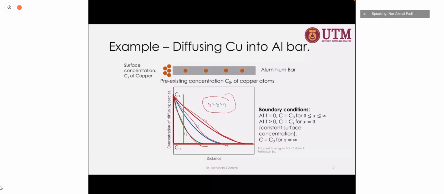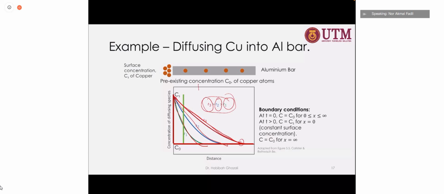Considering temperature, the diffusion rate is fast, and the distance of diffusion will occur further. For example, T3 is higher than T2 and T2 is higher than T1. So concentration is higher and the distance is farther.